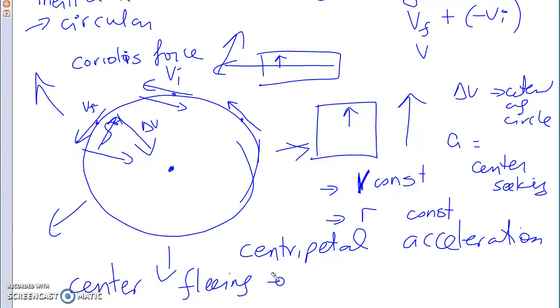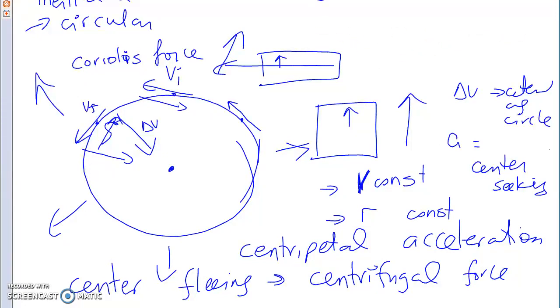What is that called? Centrifugal force or acceleration. So we have centripetal force or acceleration and centrifugal force or acceleration. Of course, we know centrifugal force actually does not exist. It's a fictitious force caused by inertia.